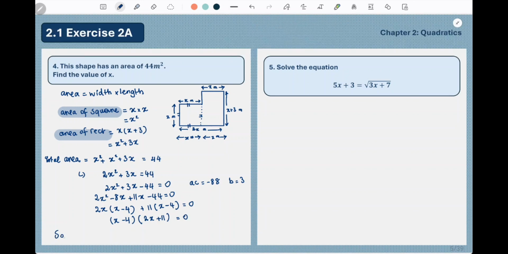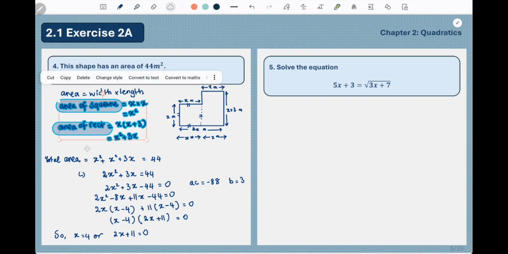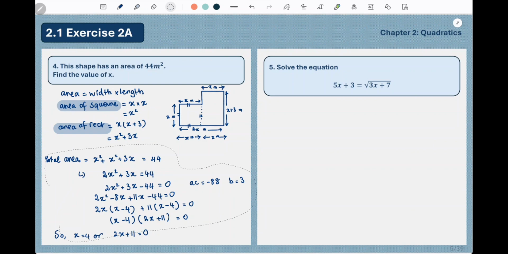So the solutions are x equal to 4 or 2x plus 11 equal to 0. So the thing is, we cannot consider this solution. Why? Because if we were to solve it, I need a bit more space over here. So let me move this a bit up here and the whole thing over there.